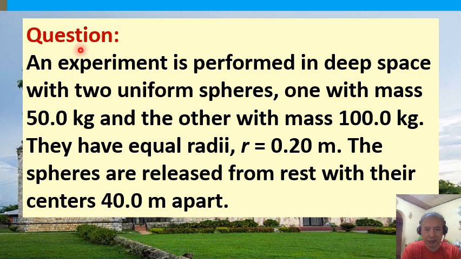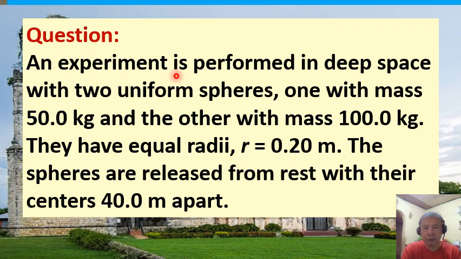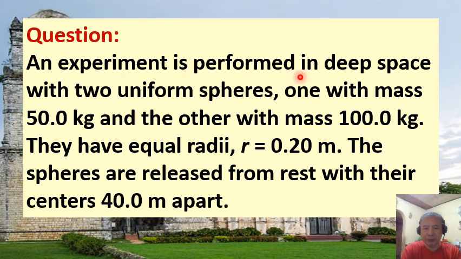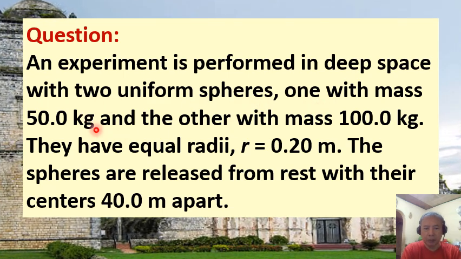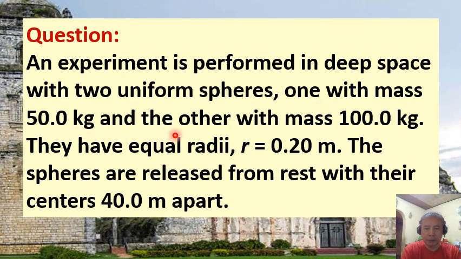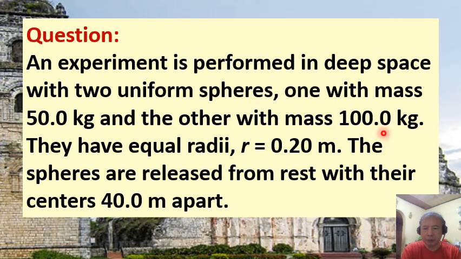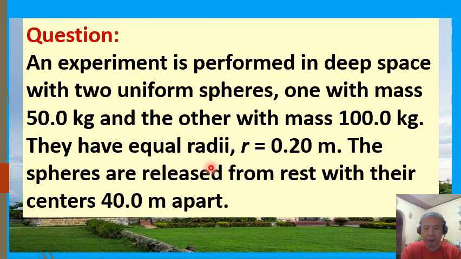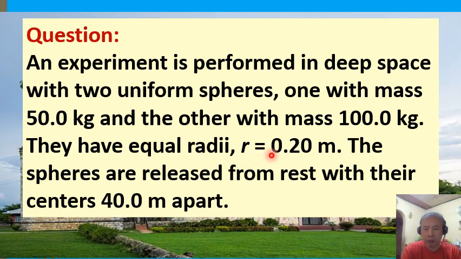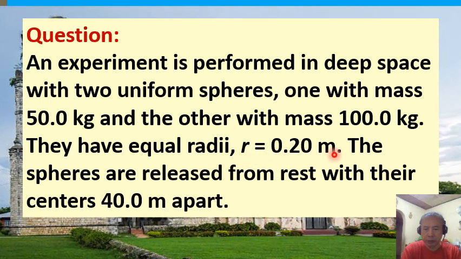The question is, an experiment is performed in deep space with two uniform spheres, one with mass 50.0 kilograms and the other with mass 100.0 kilograms. They have equal radii, r equals 0.20 meters.